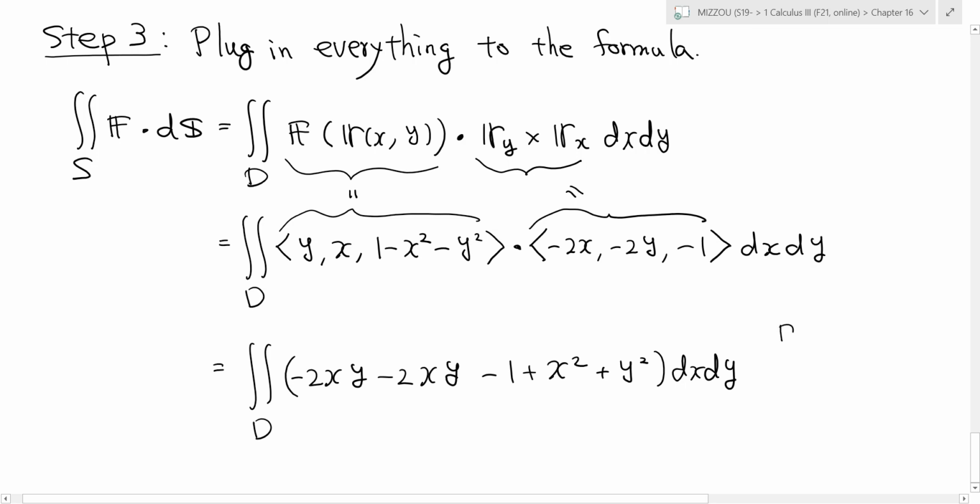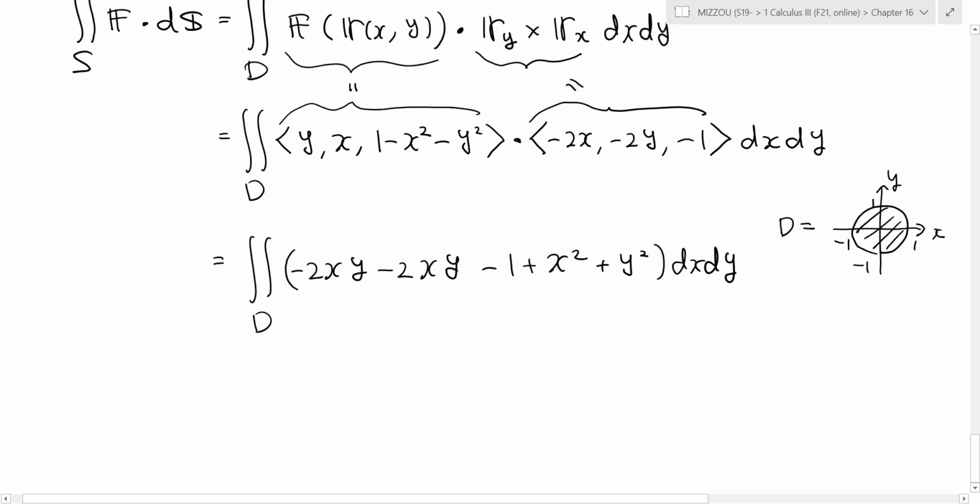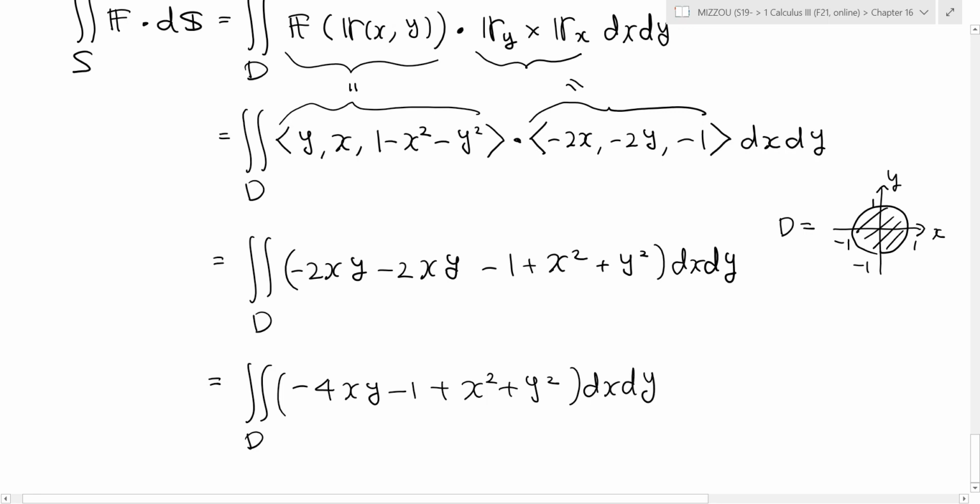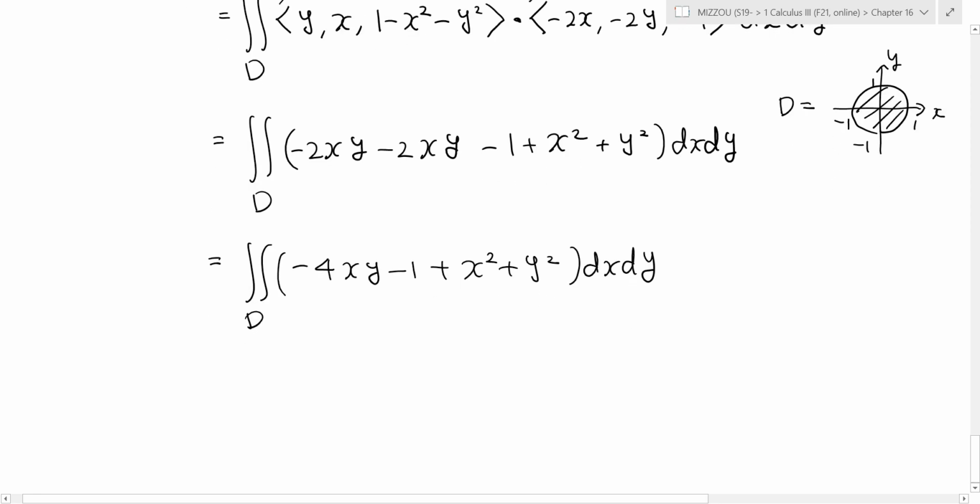Remember, D was just a disk with radius 1. Okay. So all you have to do is just work this out, compute this double integral. I'm not going to work out the detail. You can just simplify this as, by the way, minus 4xy minus 1 plus x squared plus y squared dx dy.